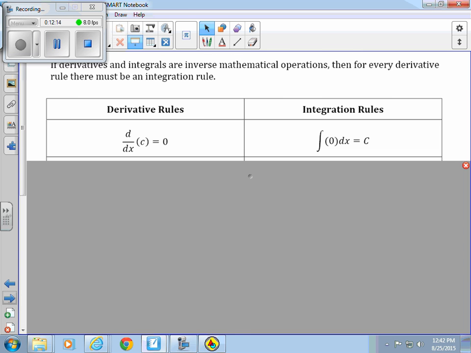So, if derivatives and integrals are inverses, then we could undo, right? So we're going to undo. I'm going to start with the first one. The derivative of a constant is 0. So the integral of 0 would then be a constant.